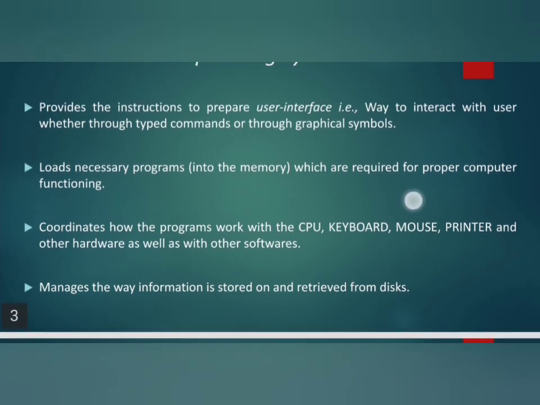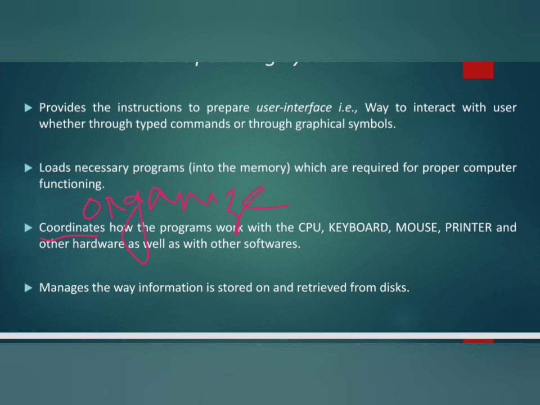Third point we have: coordinates how the programs work with the CPU, keyboard, mouse, printer and other hardware, as well as with other softwares. So what does coordinate mean? Coordinate means basically to organize. All right, so it means to organize. So what does it organize?